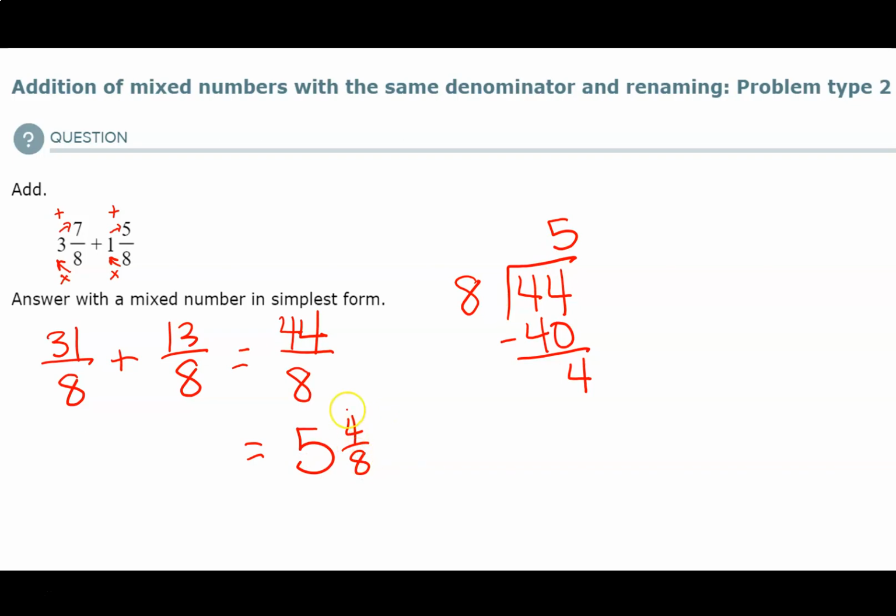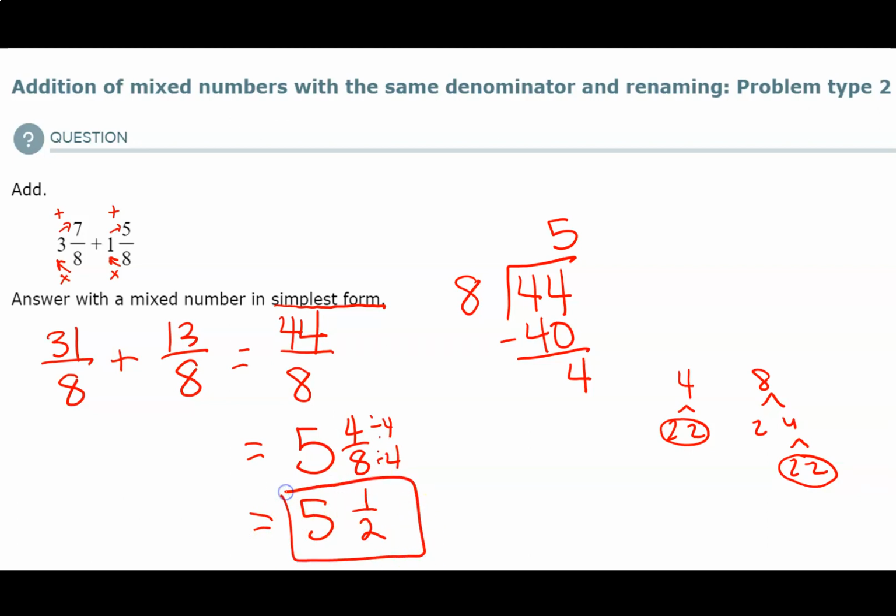But that 4/8, it says make sure this is in simplest form. So if I take my 4 and my 8, I have a 4 that's in common with those. So this is going to be 5 and 1/2 as my final answer.